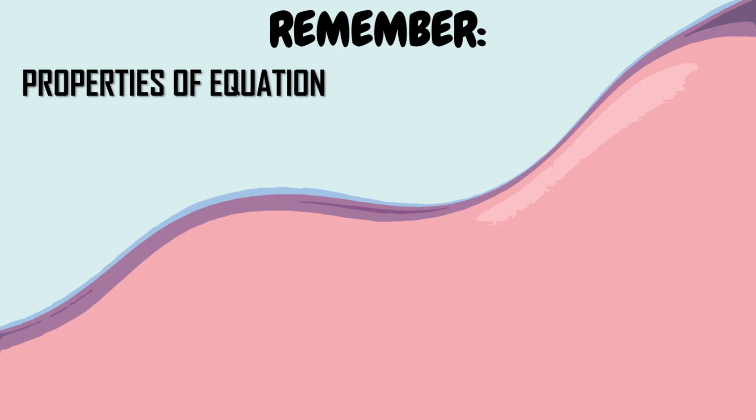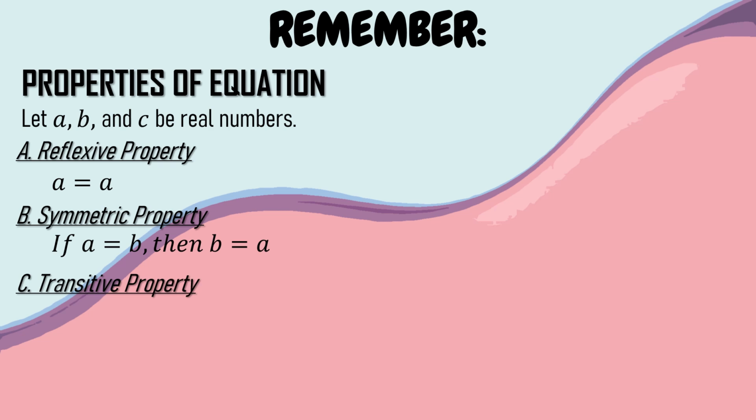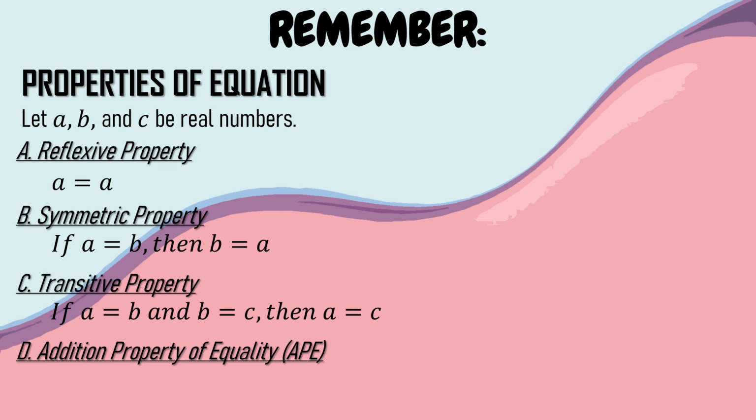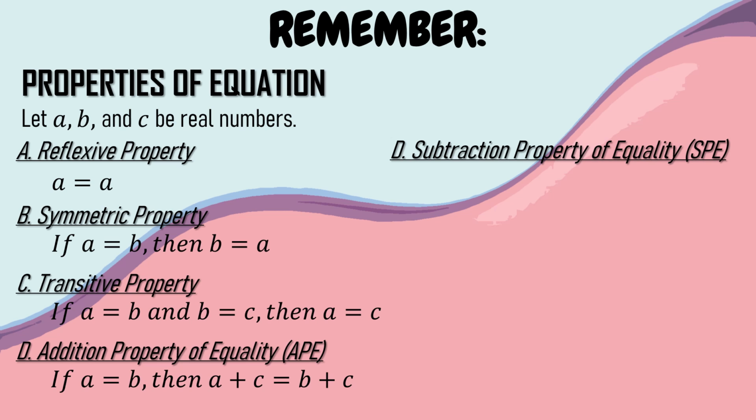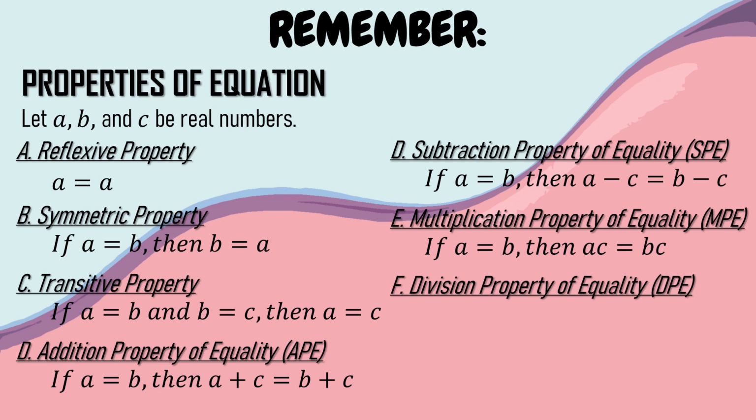So let us now summarize what we have learned about this lesson. For the properties of equation, let A, B, and C be real numbers. We have the reflexive property, symmetric property, transitive property, addition property of equality or APE, subtraction property of equality or SPE, multiplication property of equality or MPE, and the last is the division property of equality or DPE.